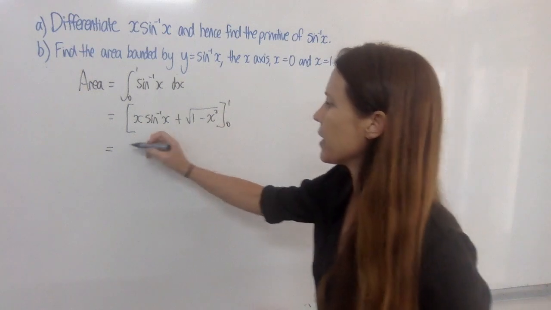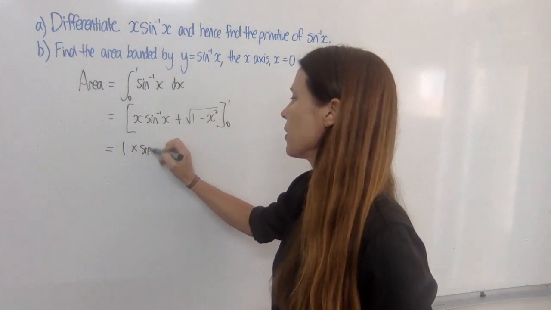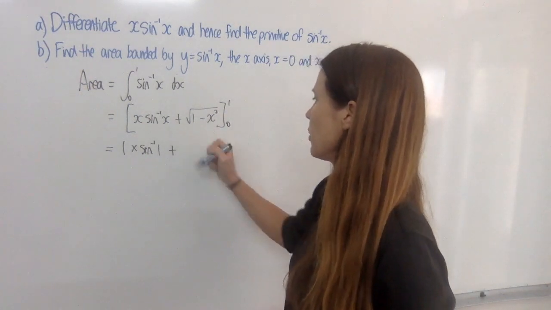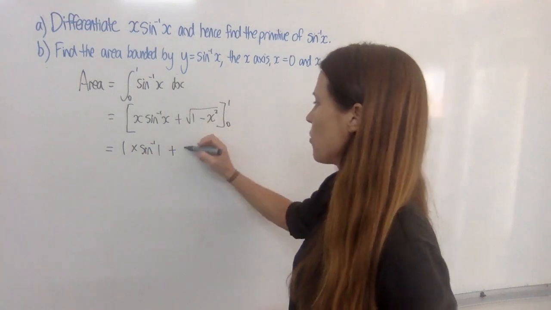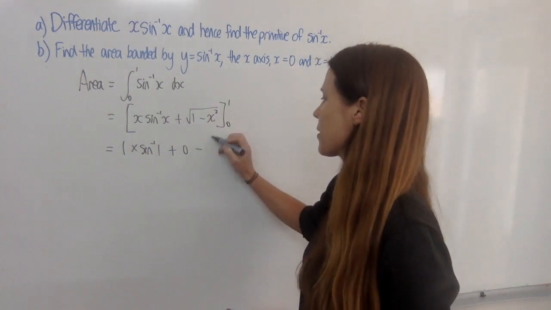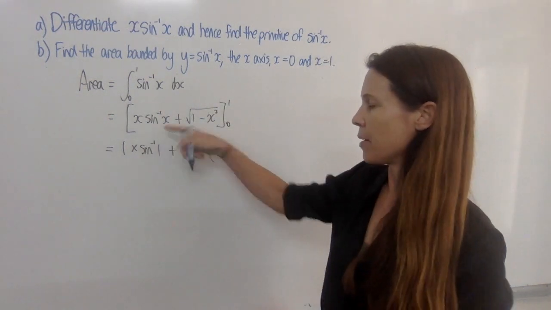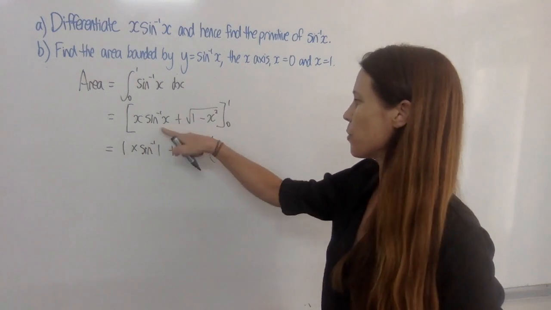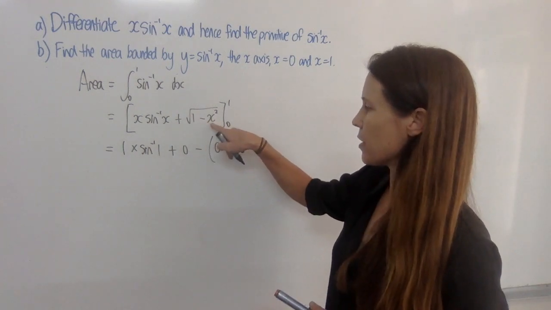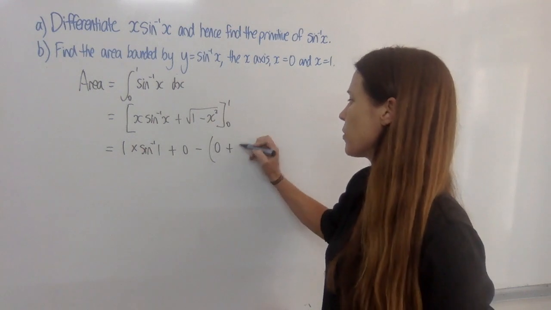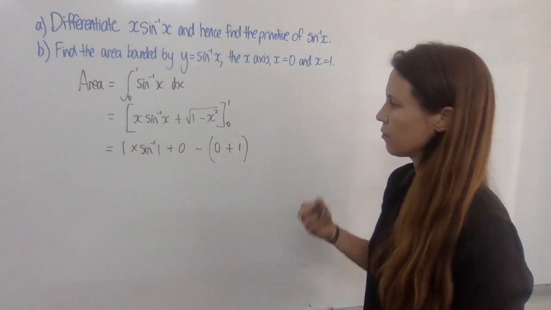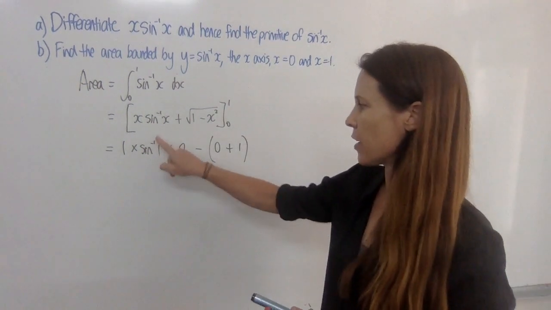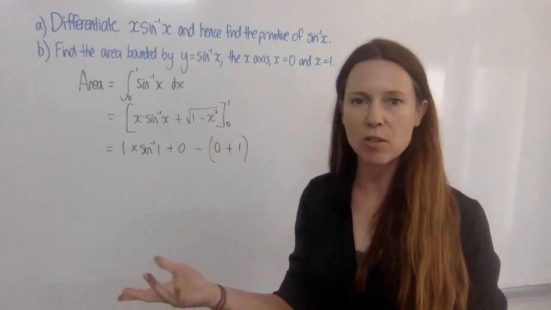So subbing 1 in here, I've got 1 times the inverse sine of 1 plus 1 minus 1. Well, this part will all be 0, won't it? Minus, bracket, 0 times anything is 0, so that first term will be 0, plus, if I sub a 0 in here, I'll have the square root of 1, which is just 1. So the inverse sine of 1, that means the sine of what angle is 1.